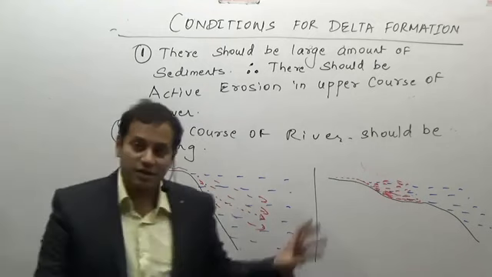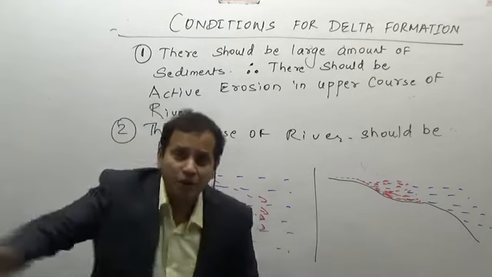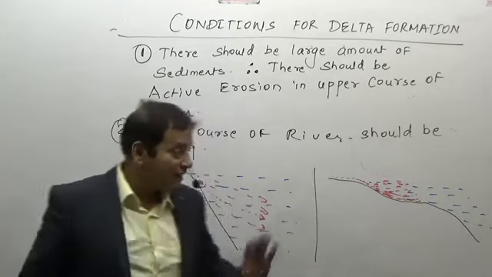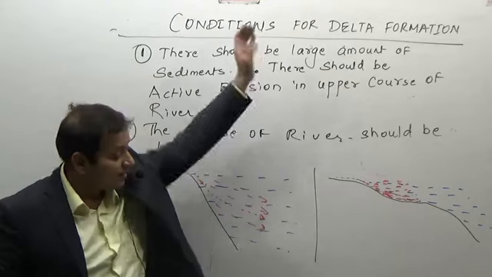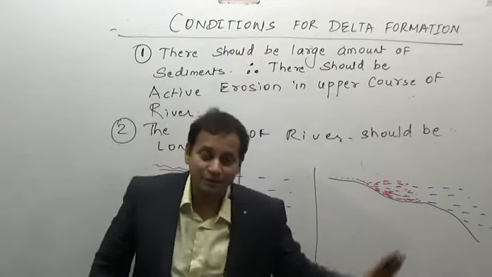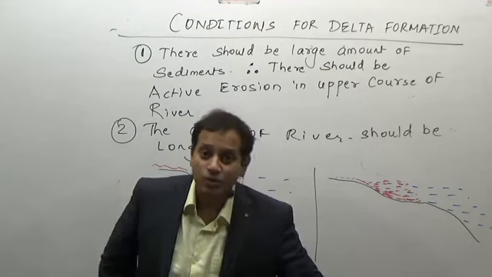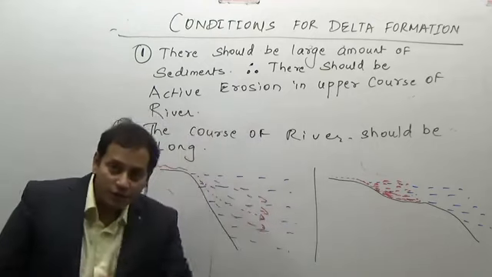Now the fourth condition: if there are very strong winds, very strong waves, very strong currents, even if the sediments are deposited, whether it be a shallow sea coast or a deep sea coast, obviously no delta formation.